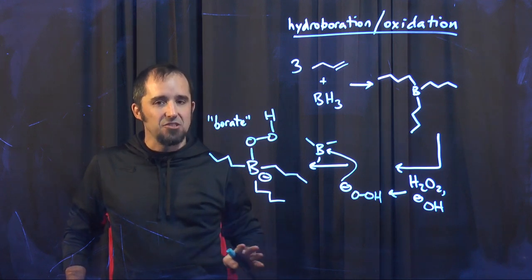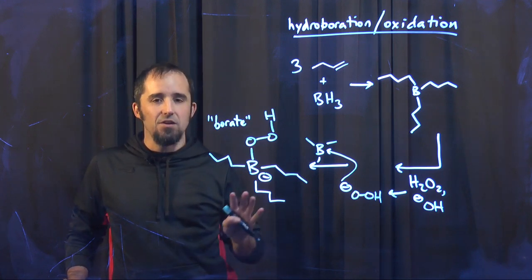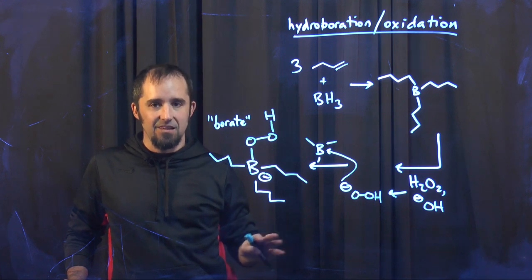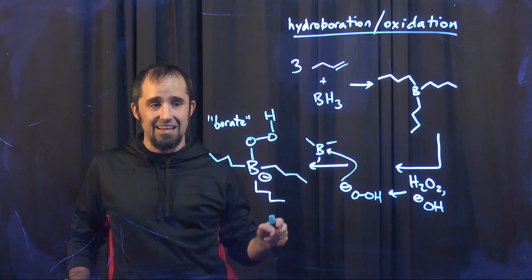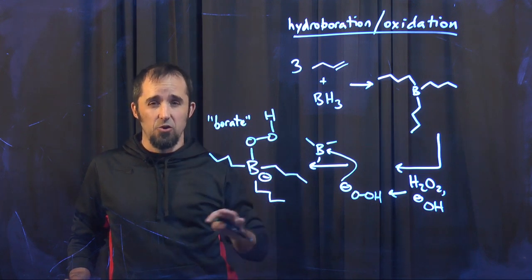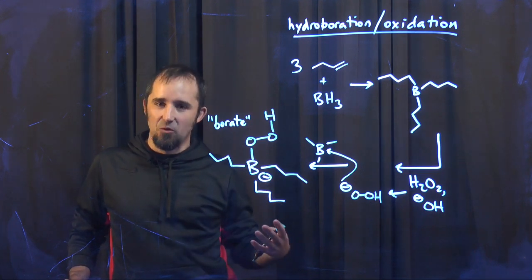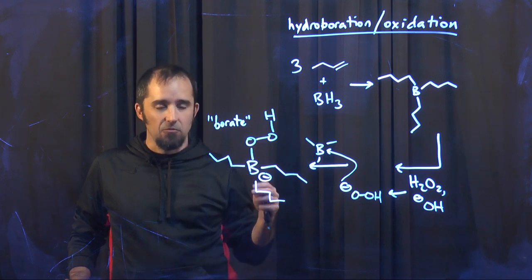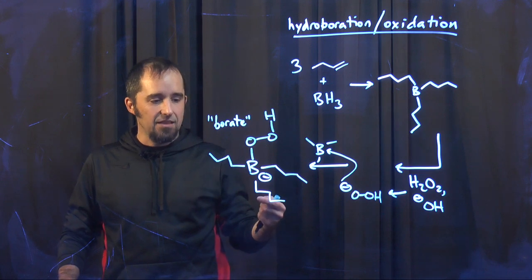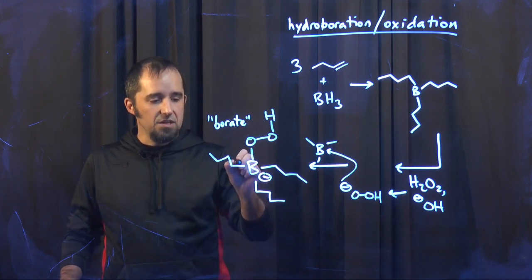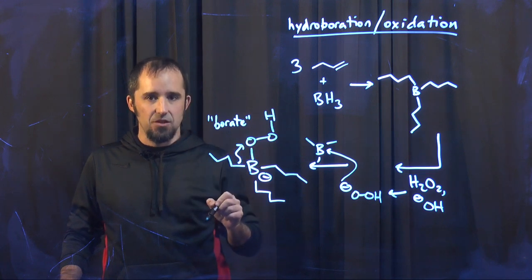So now the magic happens. And this is something that I would not expect you to memorize as we learn mechanisms. A lot of mechanisms I'll ask you to learn in this class, but this is one of the few where you can just appreciate it for its beauty. But check it out. We've done hydride shifts in the past. This is kind of like that. So one of these boron-carbon bonds is going to go up to this oxygen.